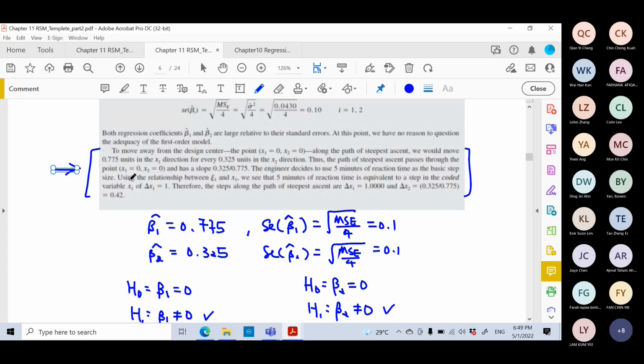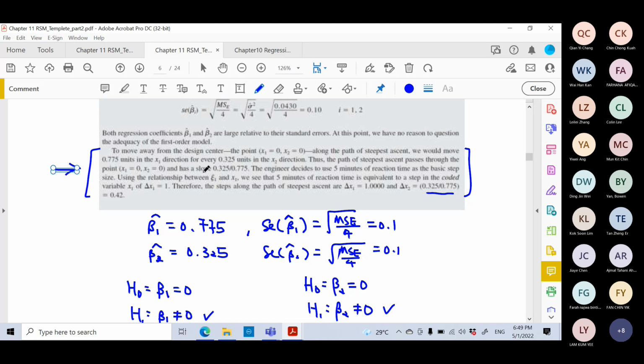Using the relationship between Xi1 and x1, 5 minutes of reaction time is equivalent to a step size of delta 1 equal to 1. I will explain all of this later in the following tables. So delta x1 will equal 1, and delta x2 will be equal to this value, which is obtained from beta 2 hat and beta 1 hat.